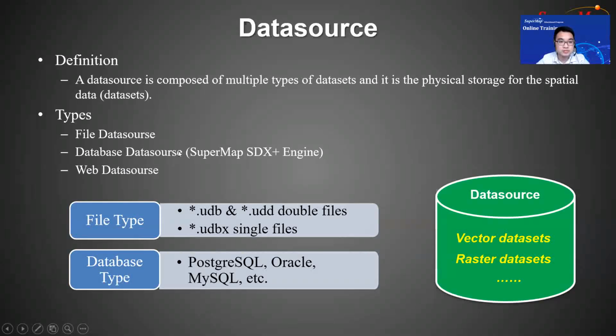For the database data source, we use the SuperMap SDX Plus engine to connect some databases, like PostgreSQL, Oracle, or MySQL. So we can put the spatial data in these databases.